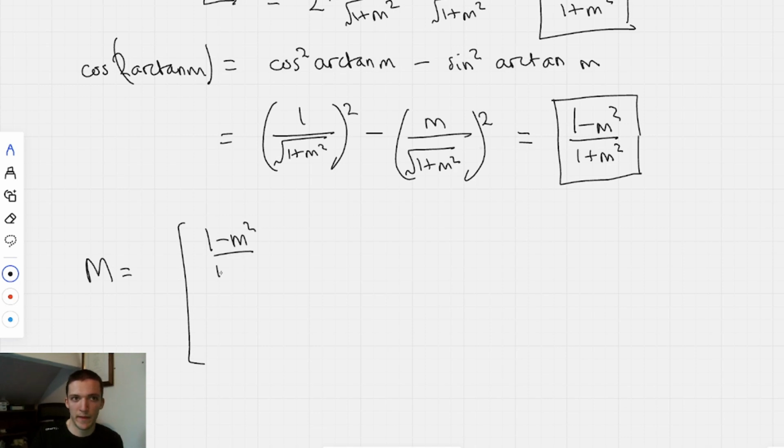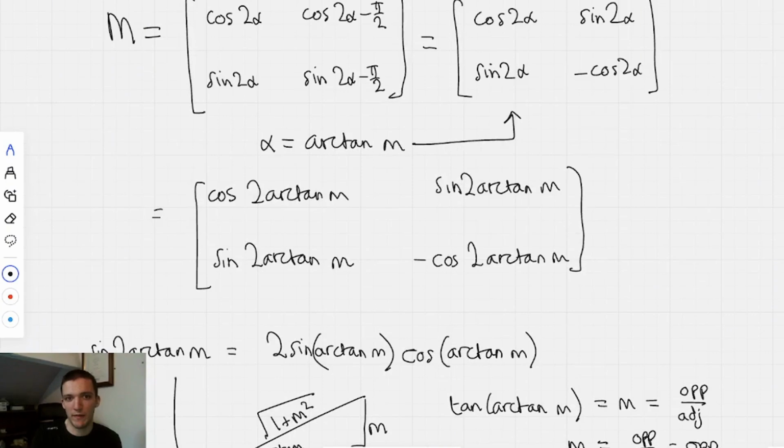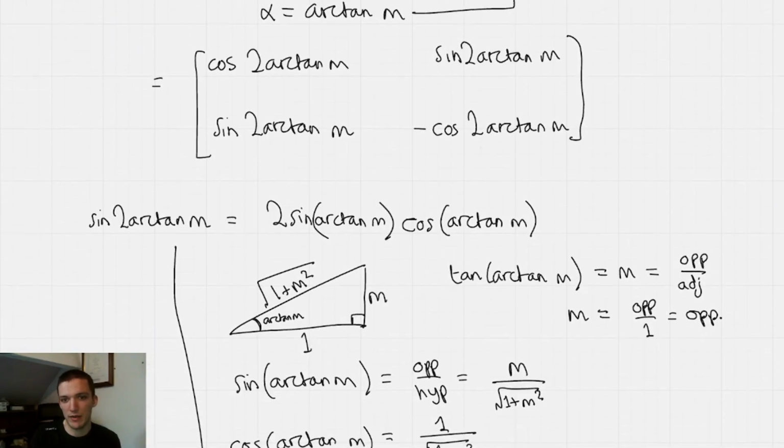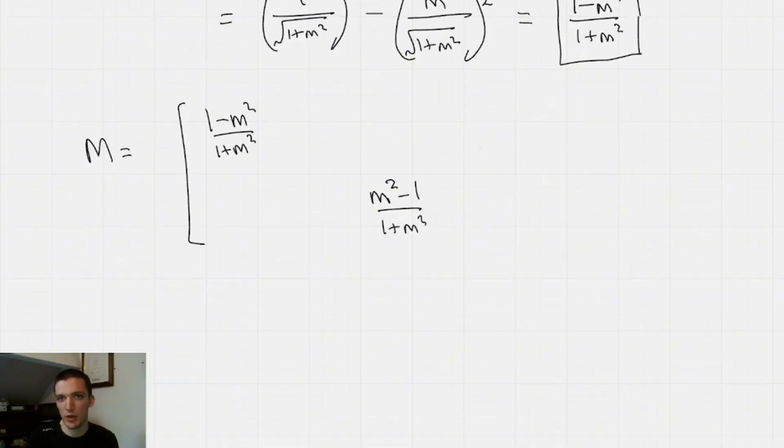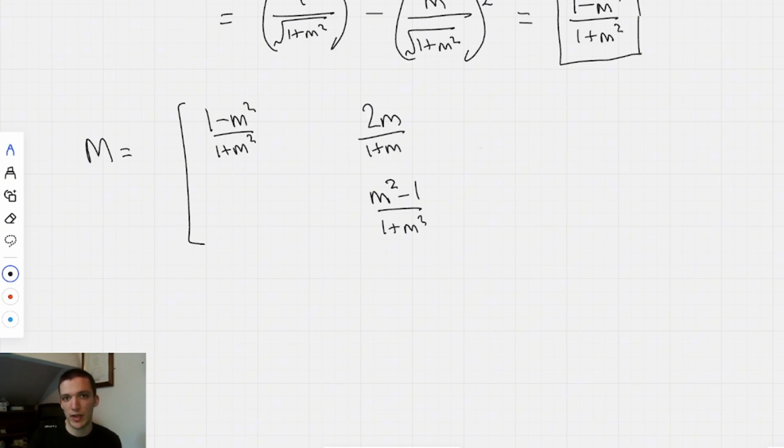This is from our cosine of 2 times the arctan of m, and then negative of that thing, I'm simply going to switch over the numerator, like so. And then in the top right and bottom left, we've got sine 2 arctan m in both cases. And that we decided was 2m over 1 plus m squared, in both cases.